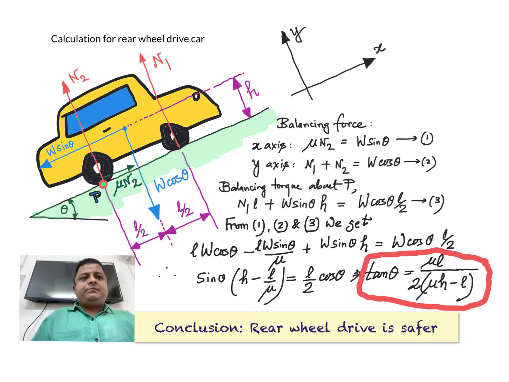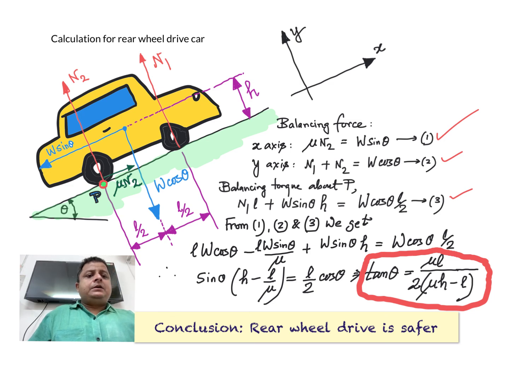I am repeating the same thing, just for this rear wheel drive car. Balancing force along the x axis we get equation 1, along the y axis we get equation 2, and balancing torque about P we get equation 3.